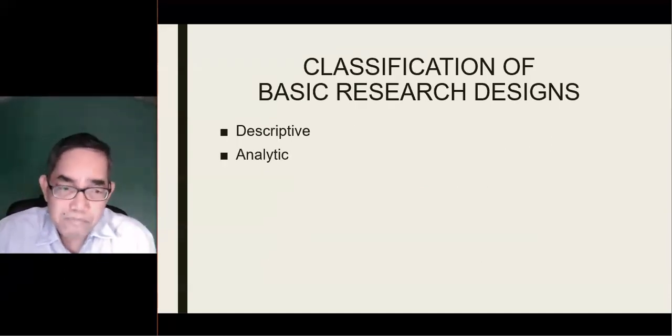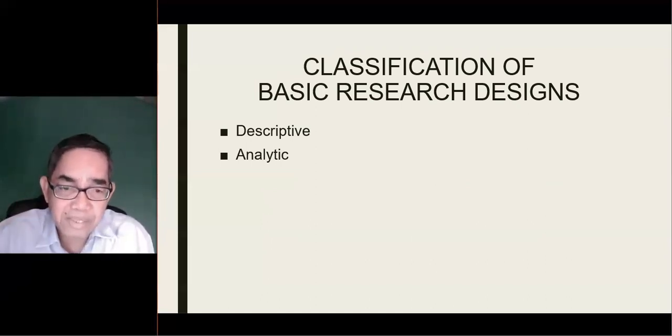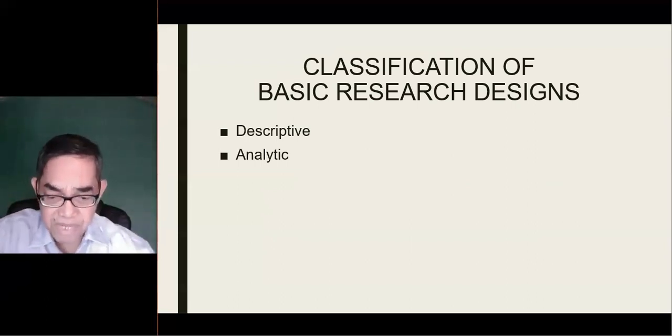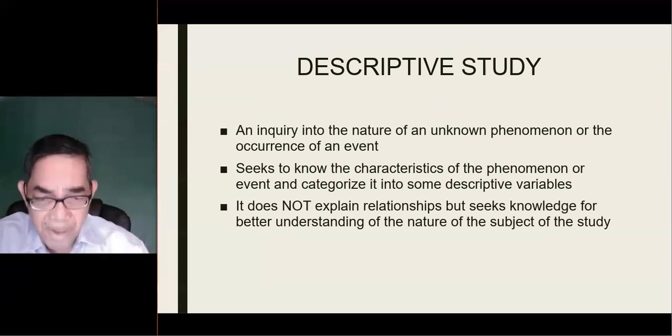Okay, now basically, there are two types of research design, the descriptive and the analytic. When we talk of a descriptive study design, we are talking of an inquiry into an unknown phenomenon or the occurrence of an event.